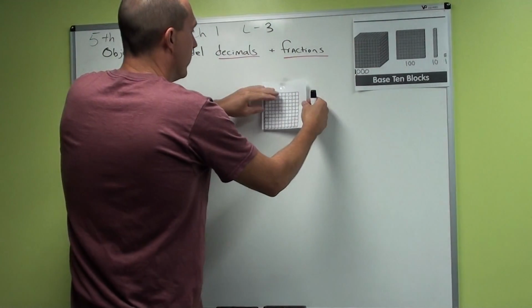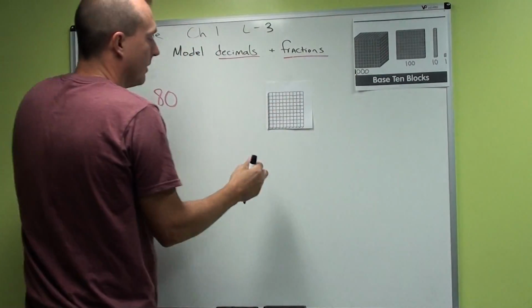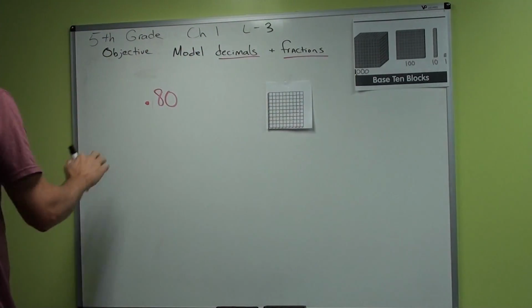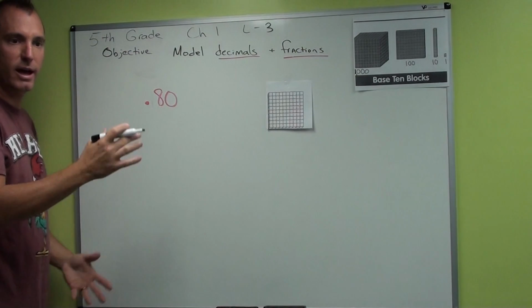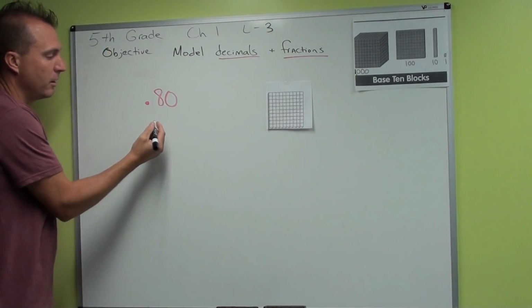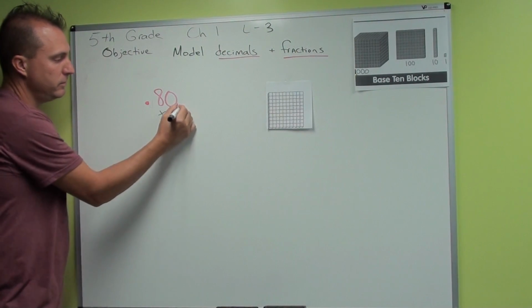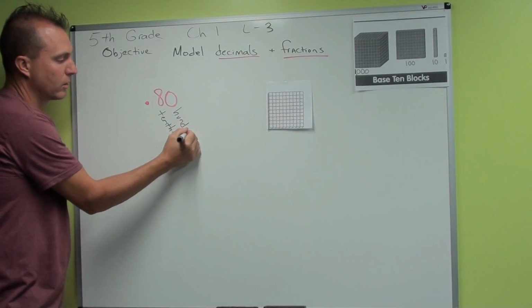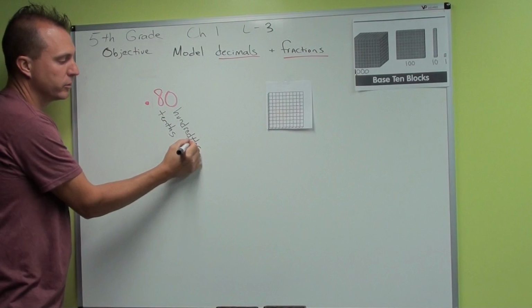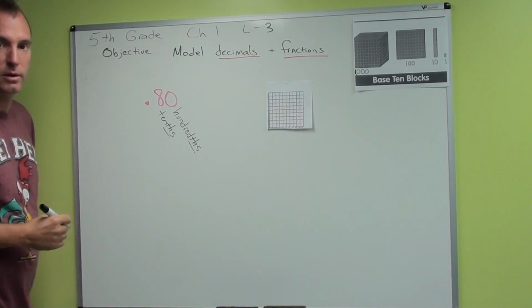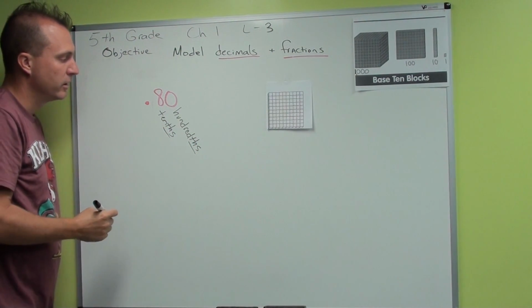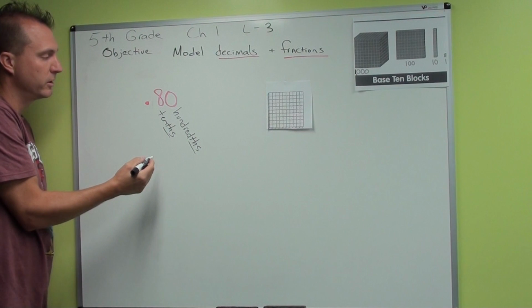Okay, here we go. Now I got this. I have our decimal. Let's write in our place value. Tenths, hundredths. So now we have tenths and hundredths.